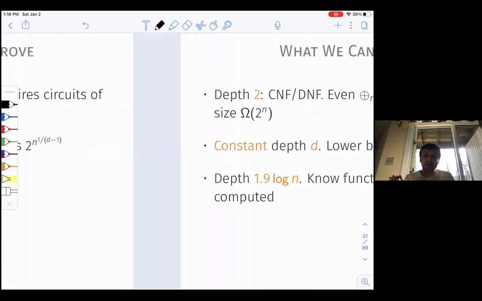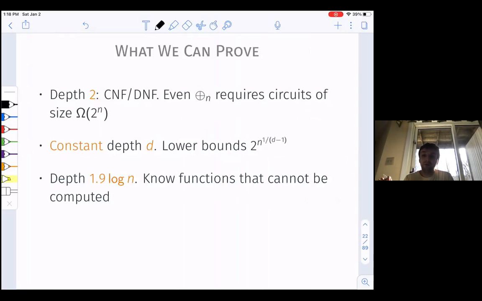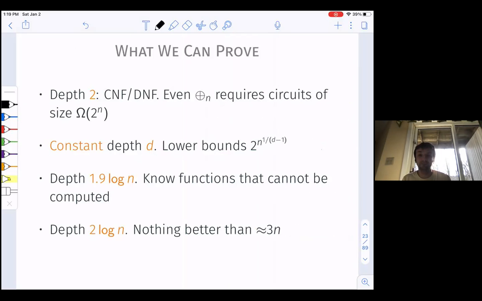For circuits of depth 1.9 log n, where every gate has fan-in 2, again, we know functions that cannot be computed by these circuits. But already for depth 2 log n, we know nothing better than a circuit size lower bound of roughly 3n.